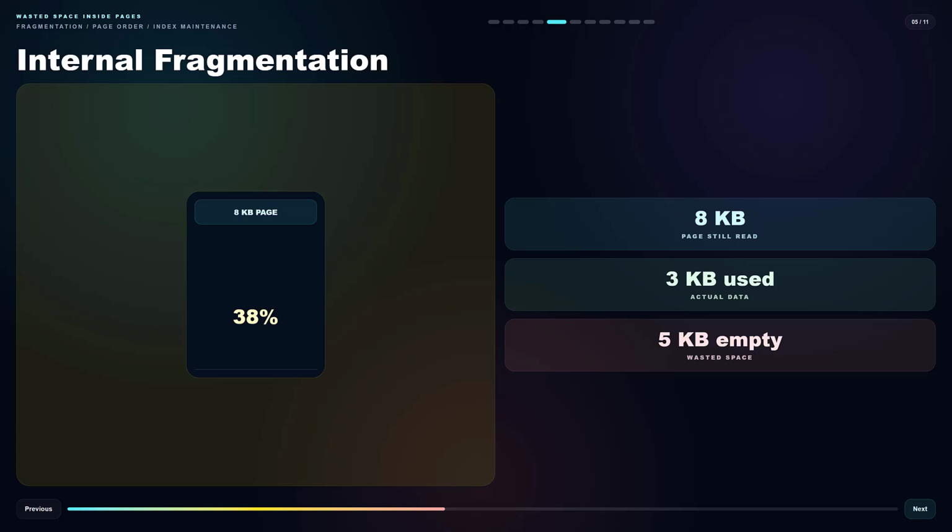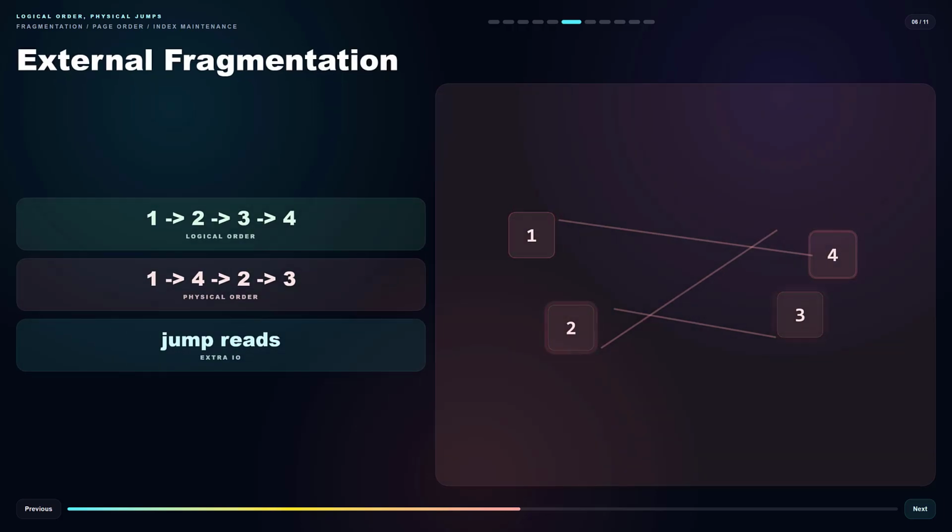The second type is external fragmentation, also known as logical fragmentation. This is usually the more important type when we talk about index performance. Imagine SQL Server expects to read pages in the order page 1, page 2, page 3, and page 4.